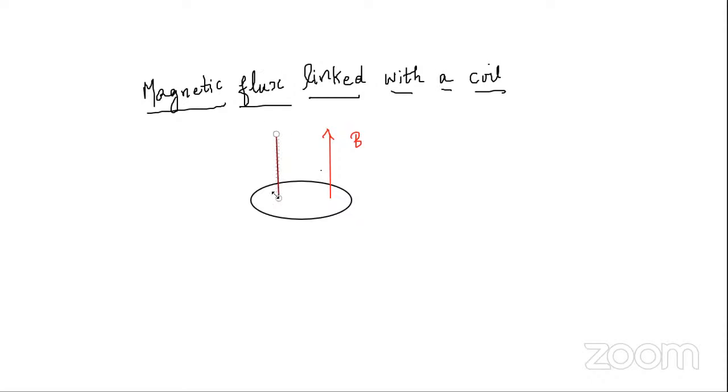For this coil, this is the area vector. So this is the area vector, and this is the magnetic field B. Of course, in two dimension, the coil looks like this.